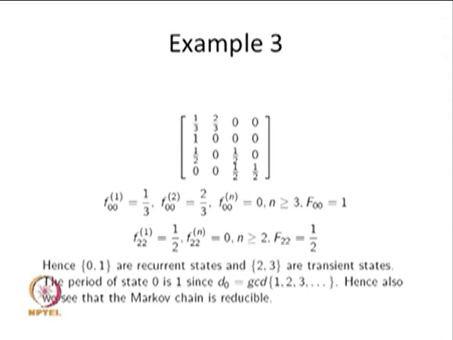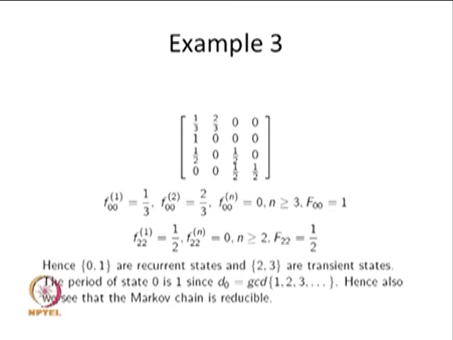Therefore, the state 1 is also going to be a recurrent state. Now, we can go to the state 2. So, the states 0 and 1 are going to be the recurrent states. Now, I will move to the state 2.